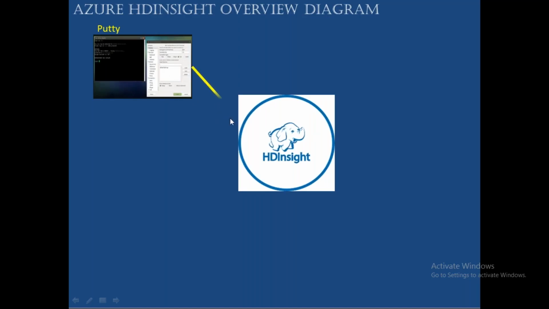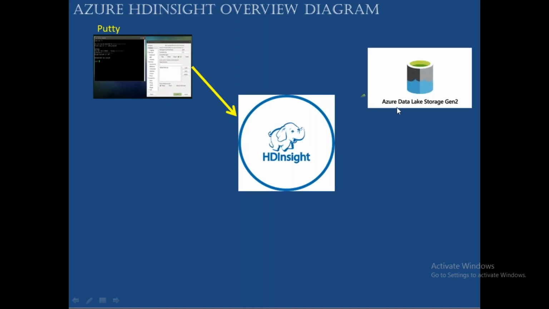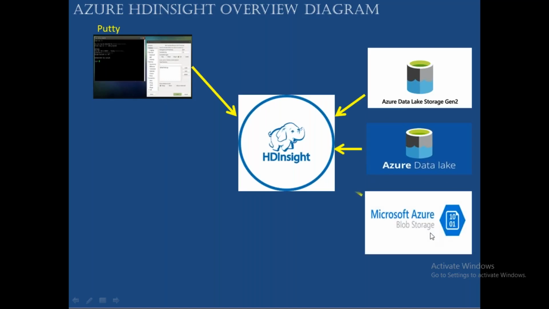Let's say I submitted my Spark code. This Spark code can read data from Data Lake Storage Gen2, can read data from Data Lake Storage Gen1, and can read data from blob storage. If you want to read data from any other storage or database, it is not possible.